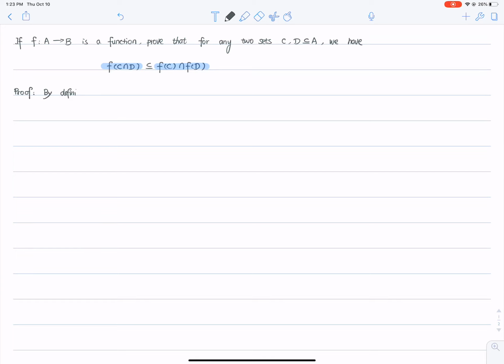So, by definition of image, we have f of (C intersect D) is actually {f(x) such that x is in C intersect D}.